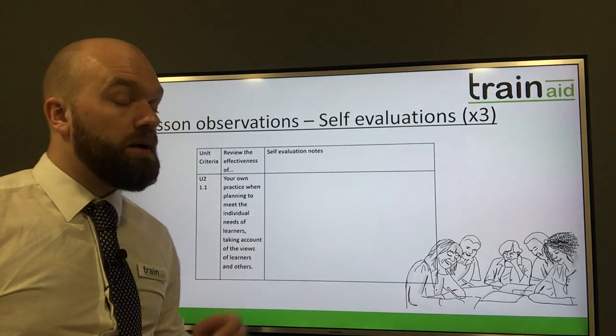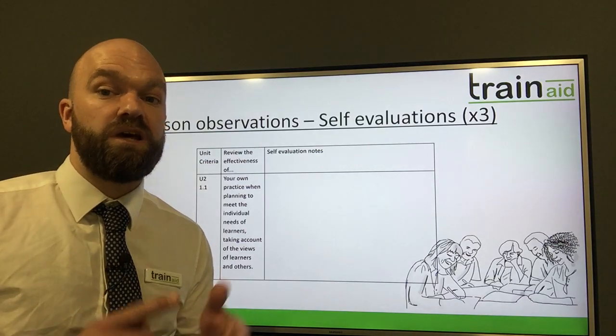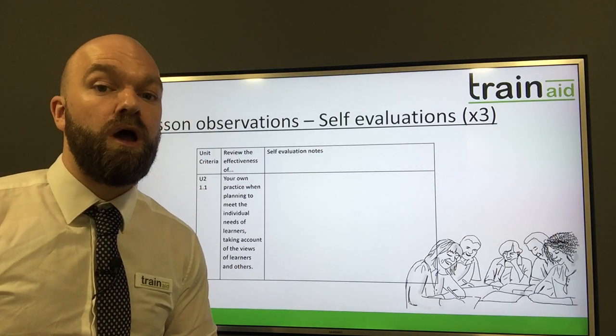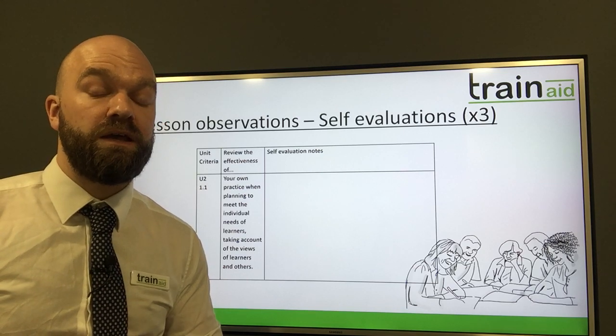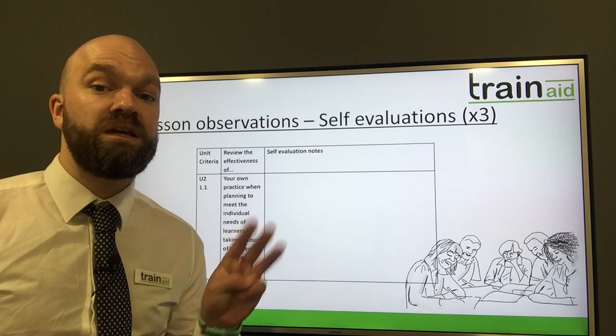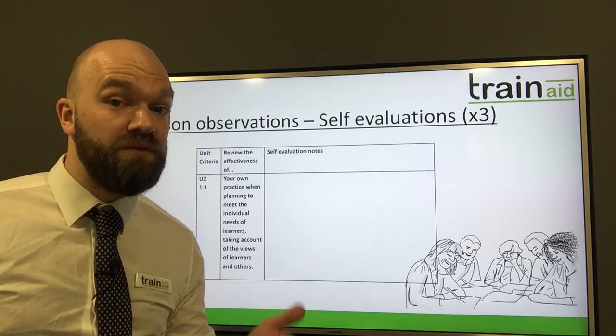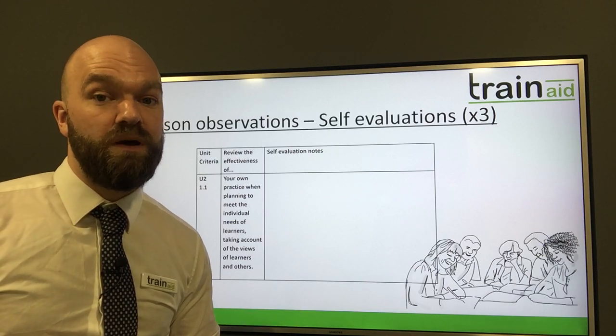And again, please make sure that you put a date and a signature, just to ensure that it marries up with your observation. We are expected to see 3 different self-evaluation forms here. They can be handwritten, they can be typed as well.